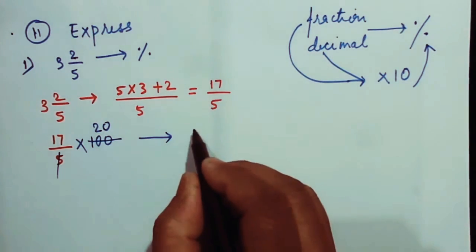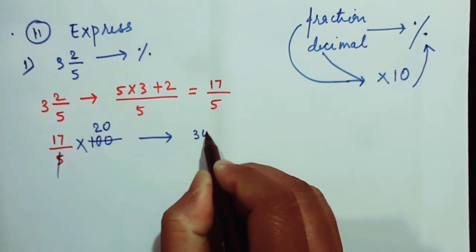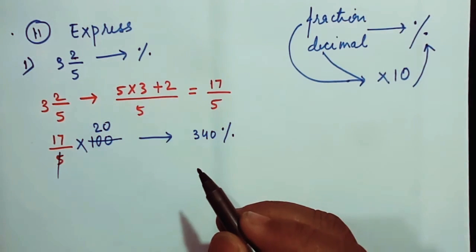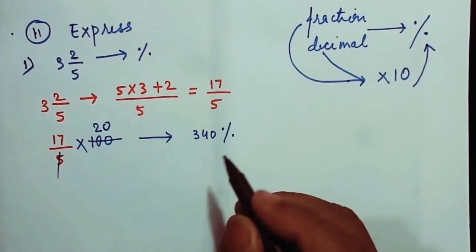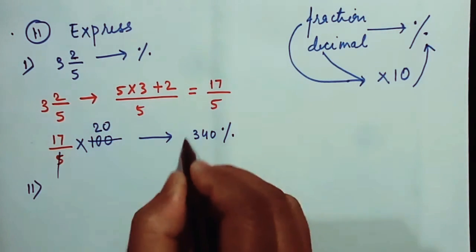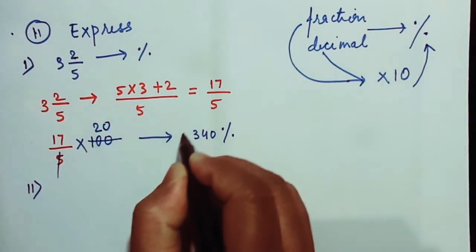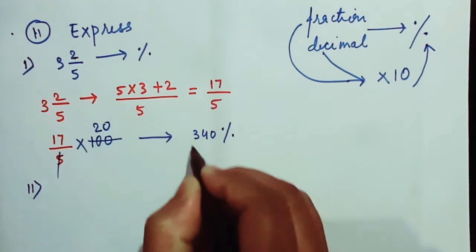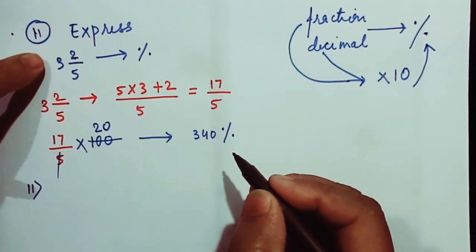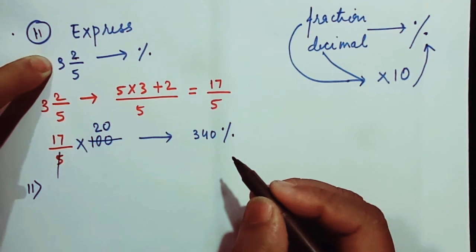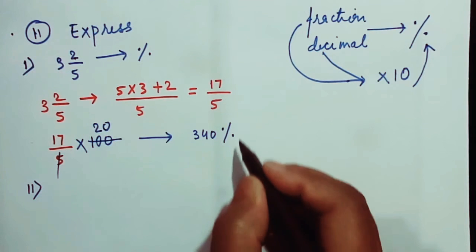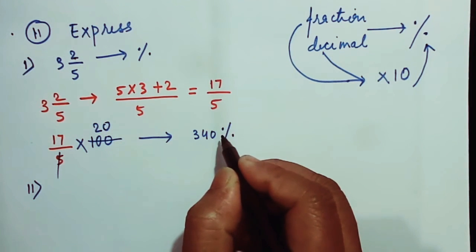Is equal to 340 percentage. Oh my God, 340 percentage. Now you shouldn't panic over here about how you got 340%, because here you can see the fraction is greater than 1. So naturally you will get a value more than 100.